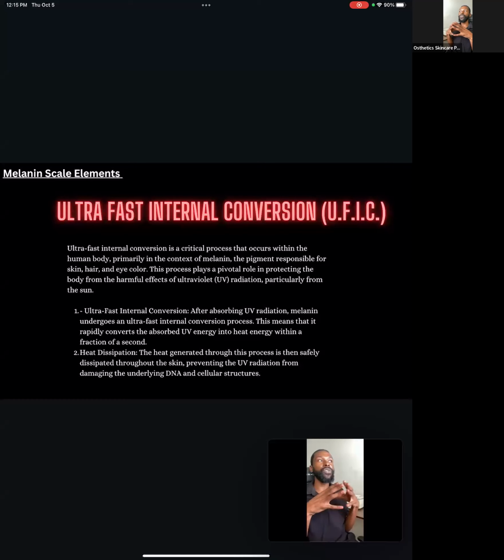Hyperpigmentation is viewed as a bad thing for individuals on this side of the spectrum. But as we know, as licensed professionals, it's a defense mechanism to prevent any further UVA or UVB rays from penetrating, going toward the internal organs and things of that nature.